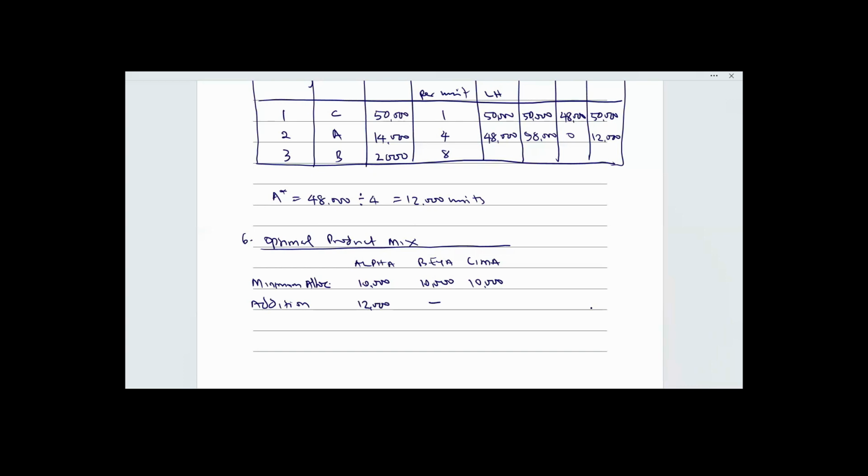Beta, we are not producing anything, nothing for beta. Then for sigma, an additional 50,000. Therefore, we have our optimal production plan that will maximize contribution. Production plan: 22,000, 10,000 units, 60,000 units.